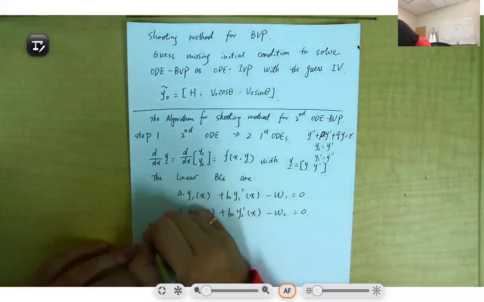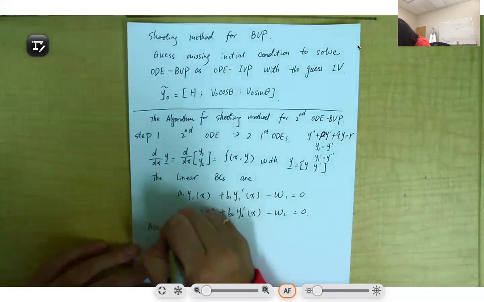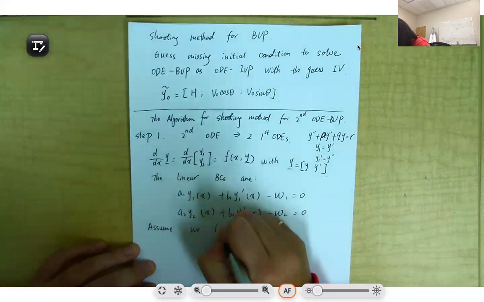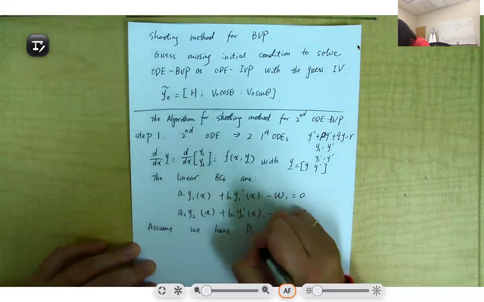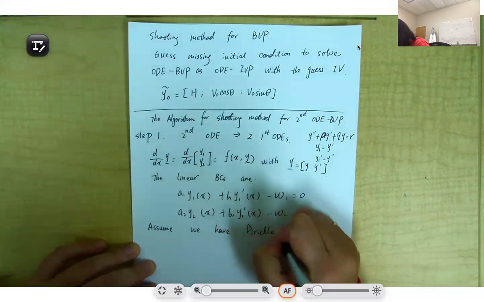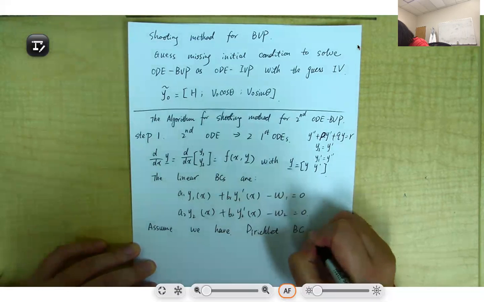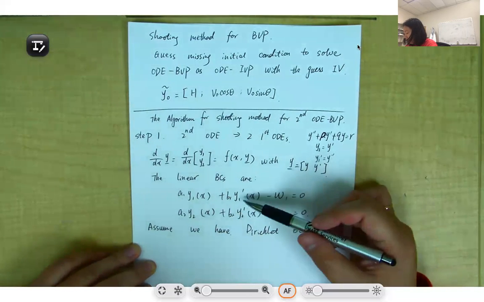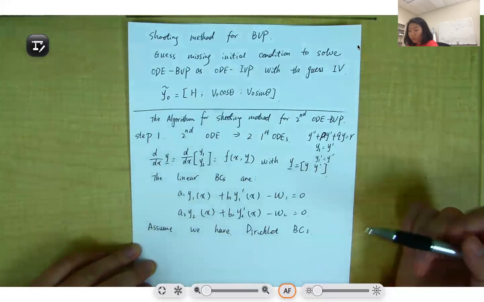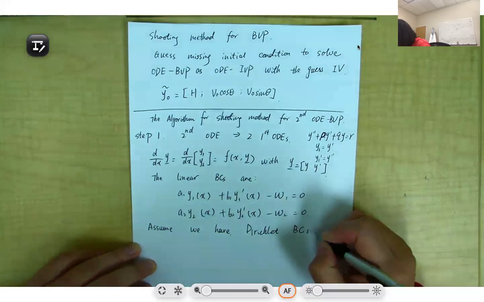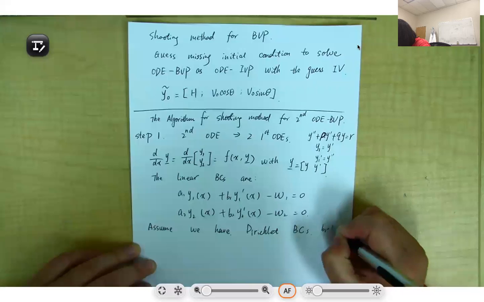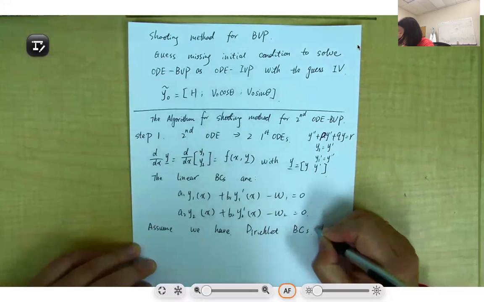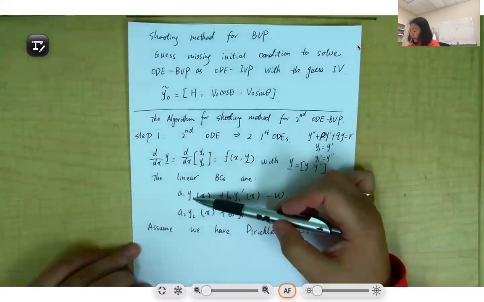So assume the boundary conditions we have are Dirichlet boundary conditions, where the b1 y1 prime term and the b2 y2 prime term will equal 0. So we assume that b1 equals b2 equals 0, since we only have y1 and y2.